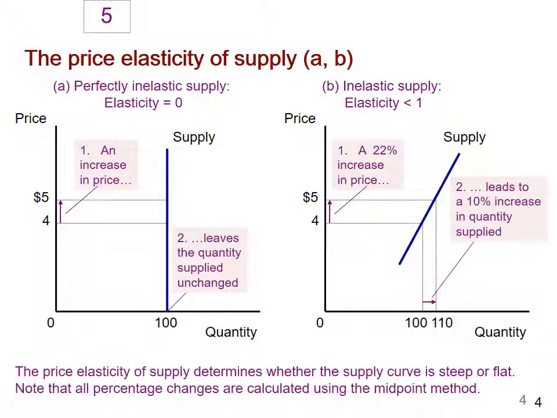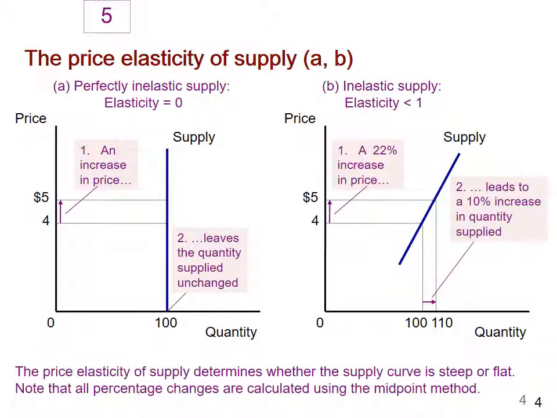So just like we had a variety of demand curves, we also have a variety of supply curves. And just by looking at the steepness of the curve, we can get an idea of how elastic or inelastic the supply is. Now, consider the first curve in panel A. It's a vertical line at 100 units.